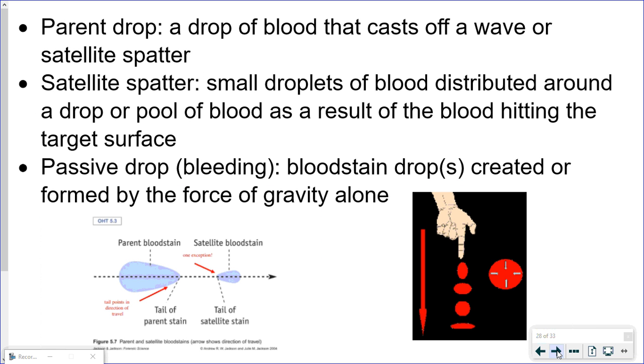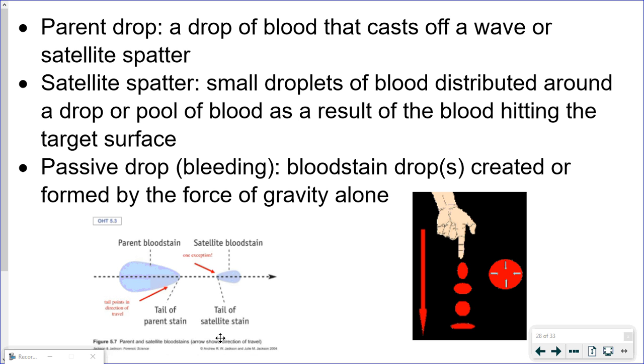We have parent drops, which are blood drops that cast off a wave or satellite pattern. So these are the first blood drop that occurs, and then you may have a satellite spatter that comes off of it. A satellite spatter is a small droplet of blood distributed around a drop or pool of blood as a result of the blood hitting the target surface.